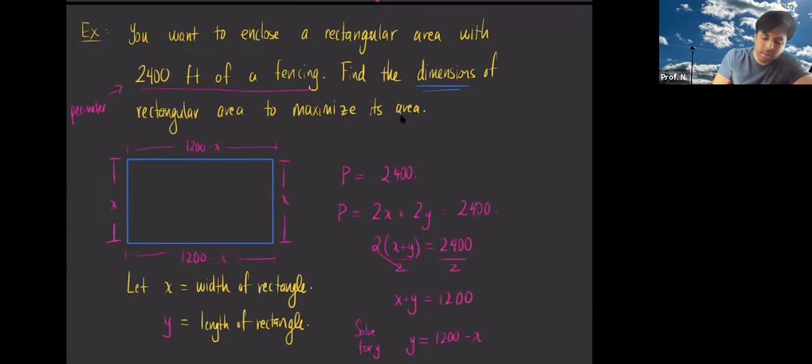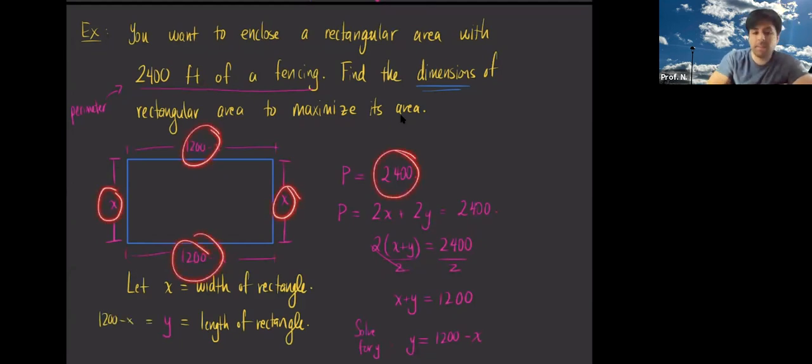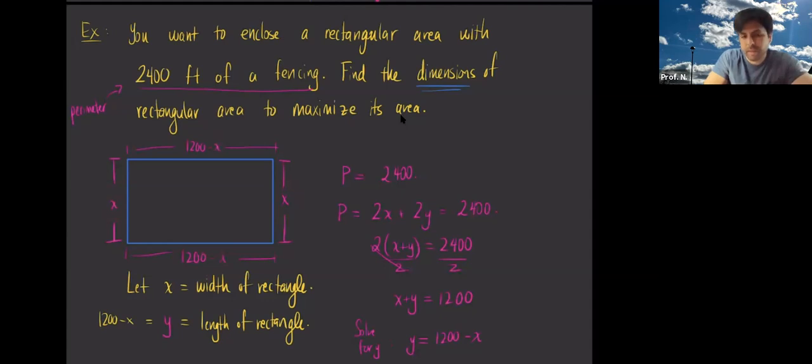So now I can replace this with 1200 minus x, because when I add them all up, they add up to 2400. Okay, so that's the hard part. This is the hardest part: setting it up, finding the right variables, interpreting the context of my problem.